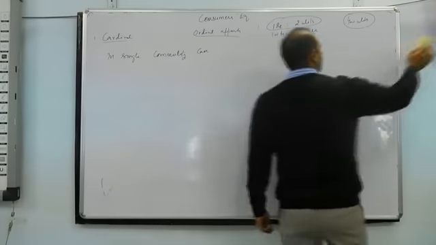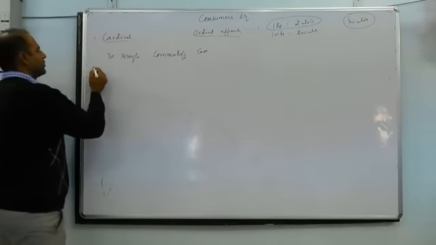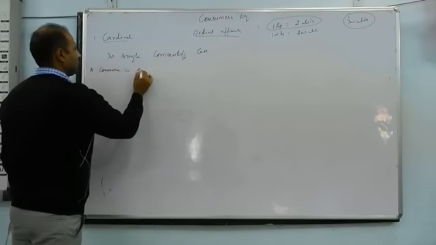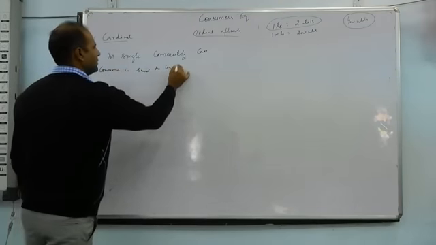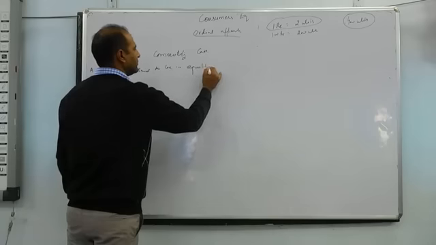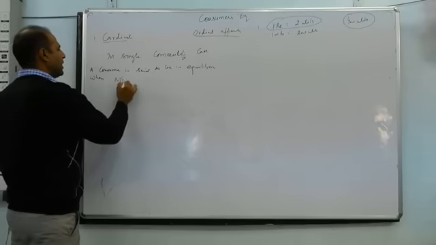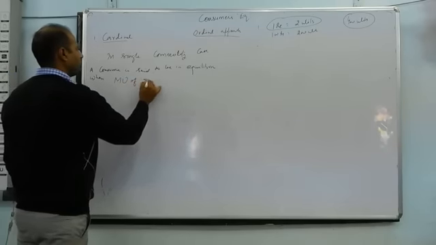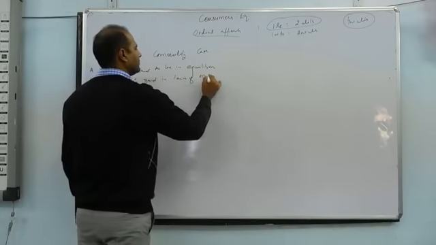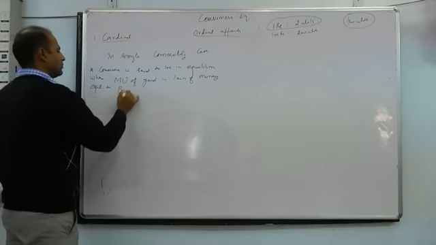Now in case of single commodity, I take both the approaches. A consumer is said to be in equilibrium when marginal utility of a good in terms of money equals to price.